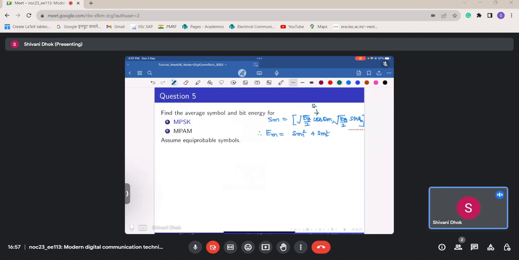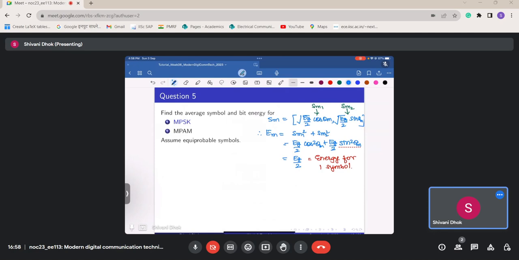This thing is Sm1 and the second component is Sm2, and this comes out to be Eg by 2 cos square theta m plus Eg by 2 sin square theta m, and this comes out to be Eg by 2. Okay, and what we need to find is this thing. This Eg by 2 is energy for one symbol.